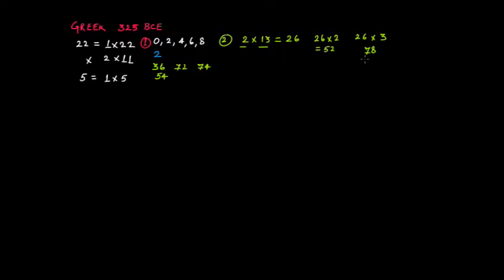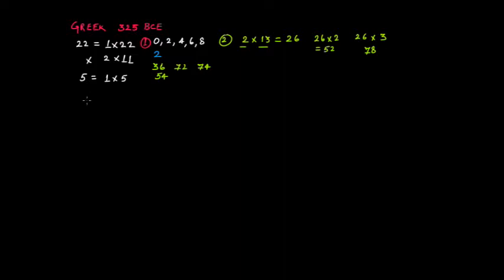And you take any multiple of 26, even if you do 26 times 4, 26 times 5, all those numbers which you will get that are multiples of 26 are divisible by 2 and 13 also. Therefore 2 and 13 would be their factors also, and it is true for any factor and for any multiple.